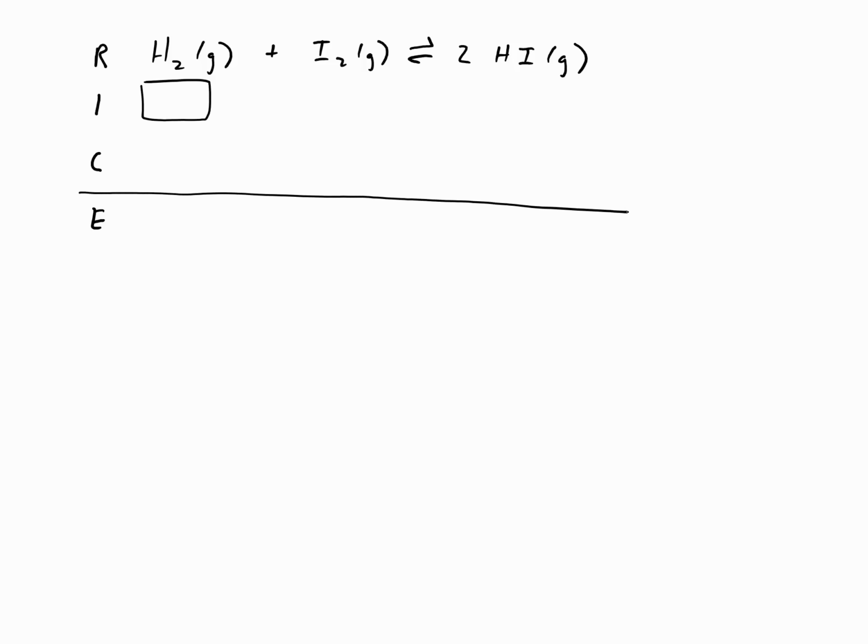I forgot to mention a really important thing here. I take it for granted because it's really basic, but to get the equilibrium line, it's the amount you had initially plus or minus the change. So the amount at equilibrium is the amount you had initially plus the change. That's actually going to play a big role in how we do this problem.